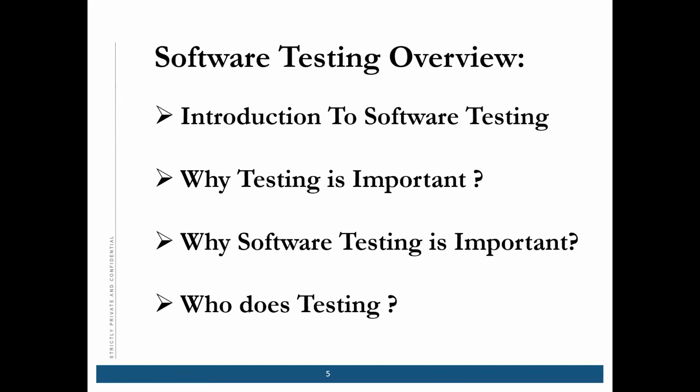What is the software testing overview? Why do we do testing? Why is it important? To give a good quality product. Because we need to serve a good quality product to the client and find the defects in the product.